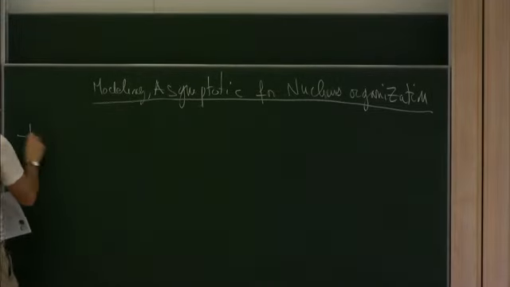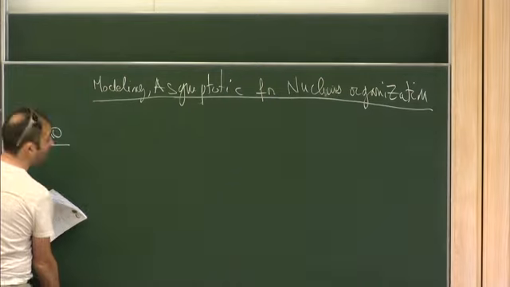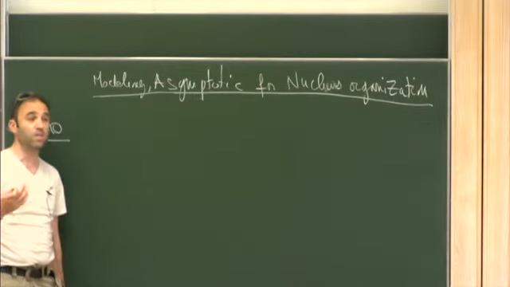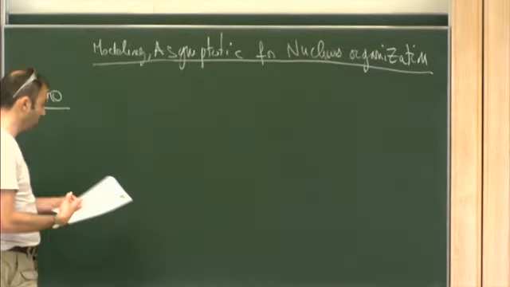So this is basically the introduction. What are we interested in? Why do we need modeling? Why do we need asymptotics? What's the question? What's the motivation for what we want to do?